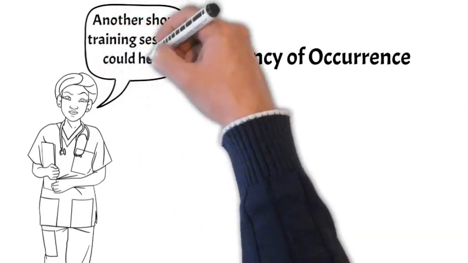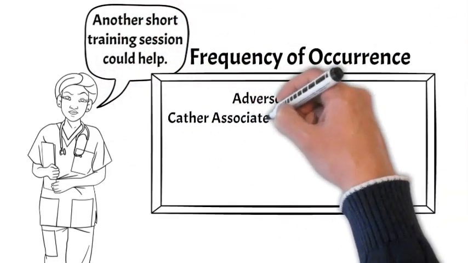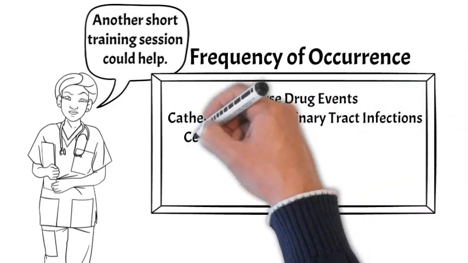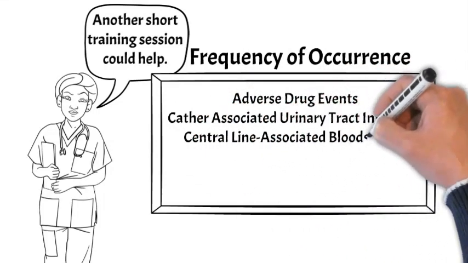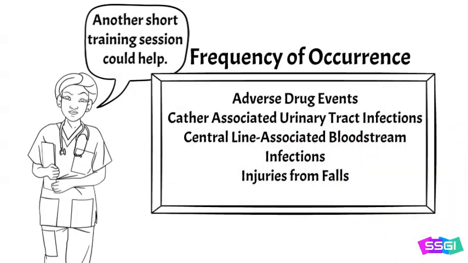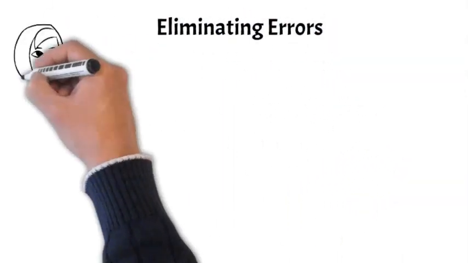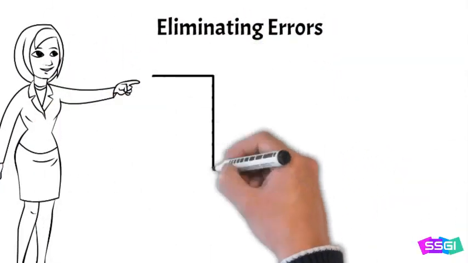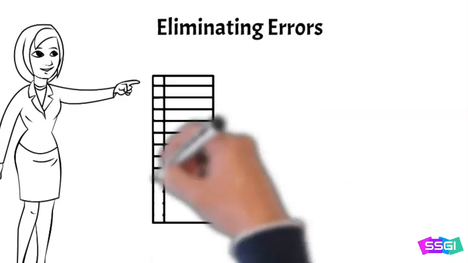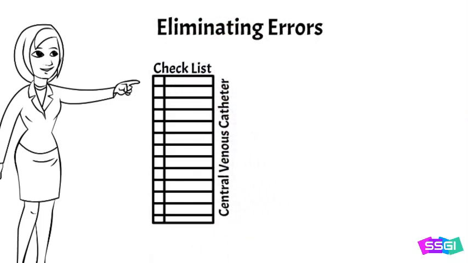The top several include adverse drug events, catheter-associated urinary tract infections, central line-associated bloodstream infections, and injuries from falls. Prevention is critically important. In fact, checklists used before medical procedures begin have proven to be very effective at reducing some major errors.